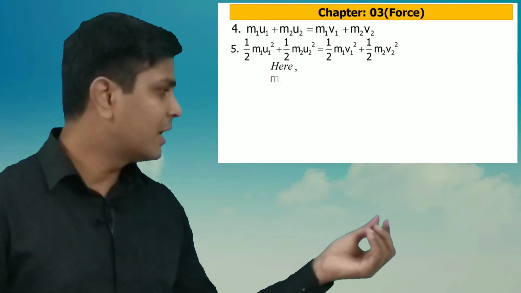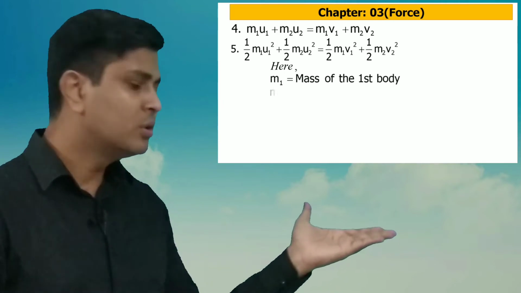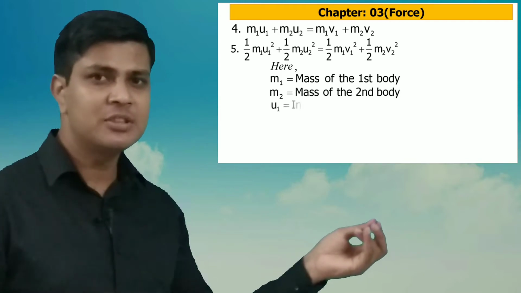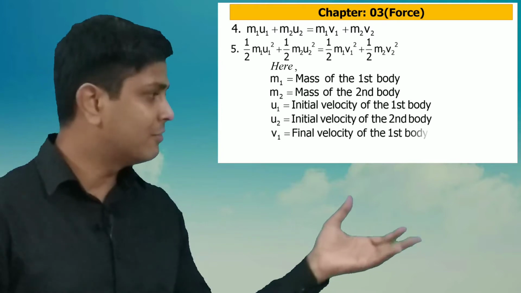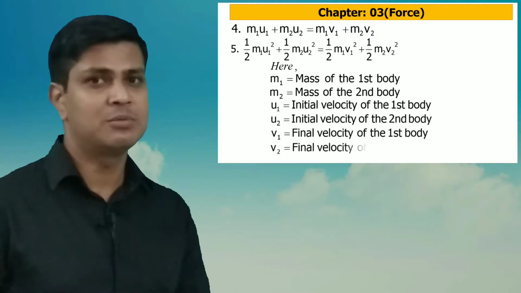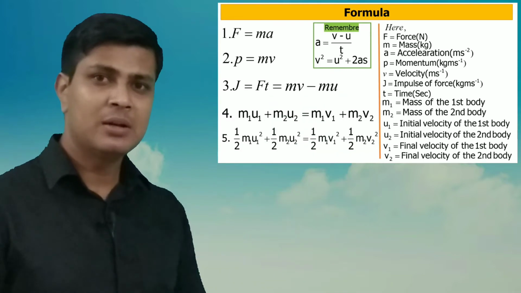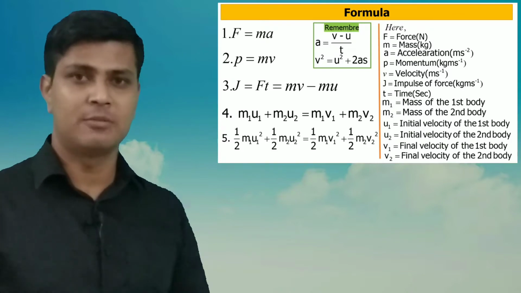The significances are: m1 is the mass of the first body, m2 the mass of the second body, u1 is the initial velocity of the first body, v1 is the final velocity of the first body, and v2 is the final velocity of the second body. These are all the formulas. Okay, let's start our today's lecture on the basis of those formulas.